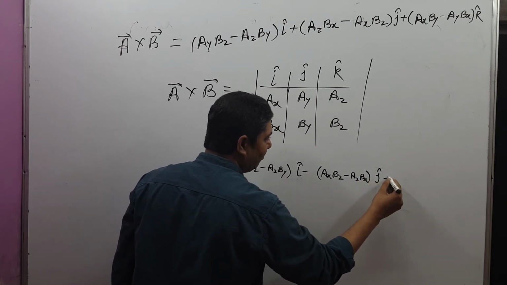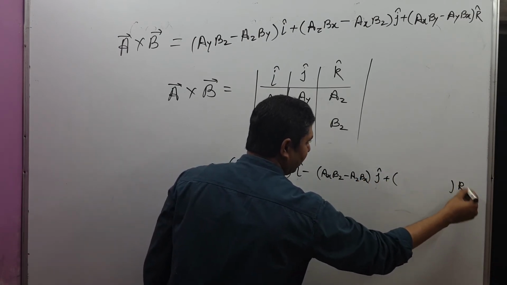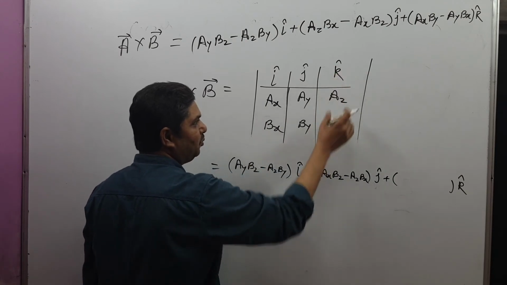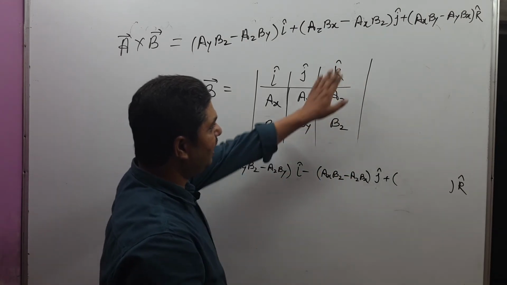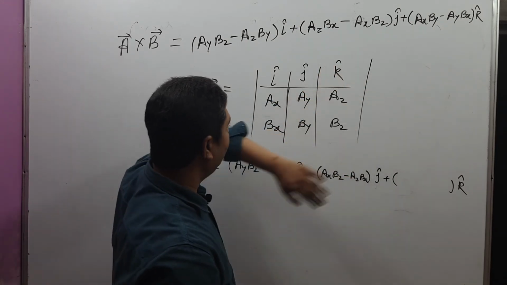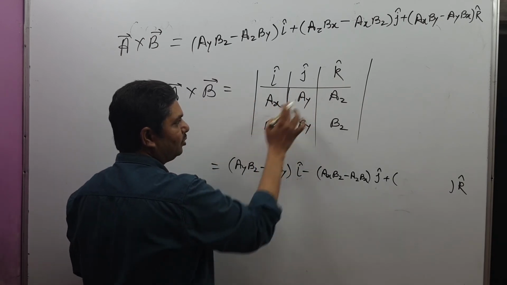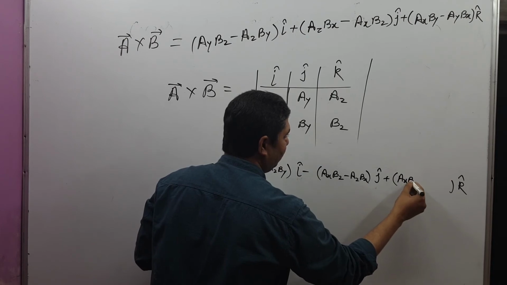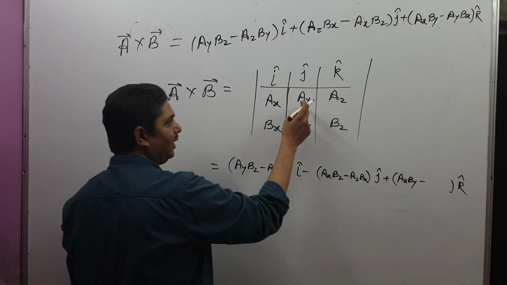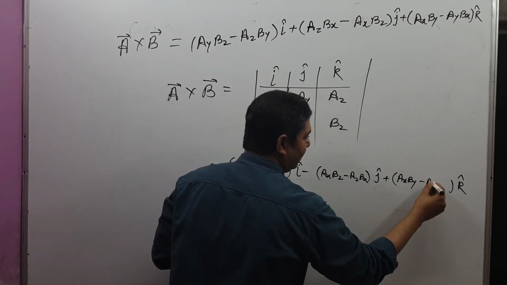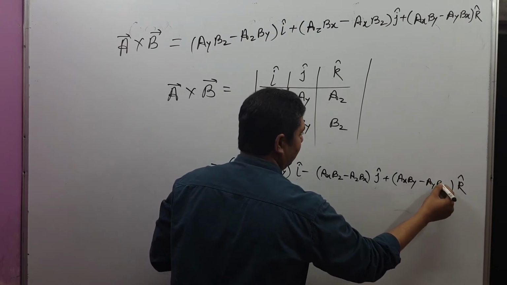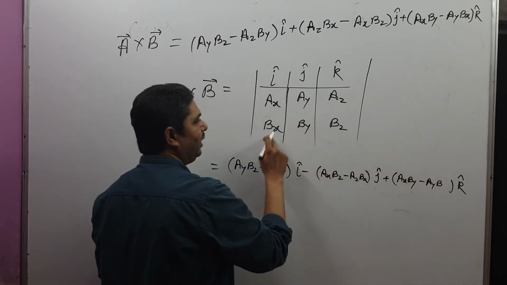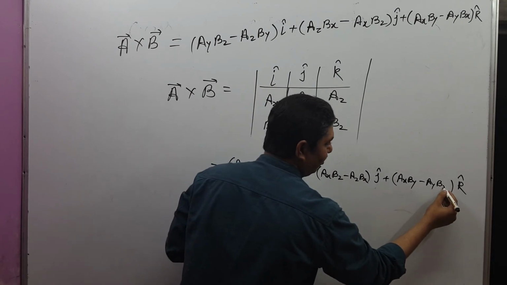Now give a plus, write a K. Now when you are taking the K term, don't use this term. You have to use only these four terms. This is AXBY. Right here AXBY. Give a minus sign, and AYBX. Right here AYBX.